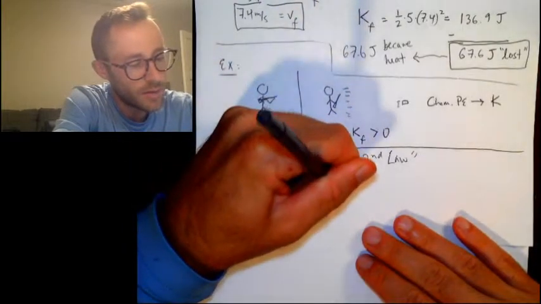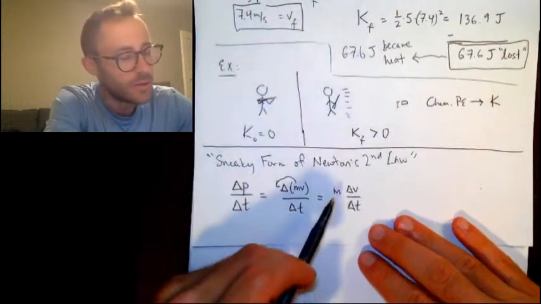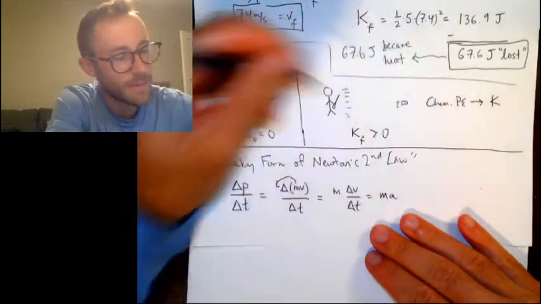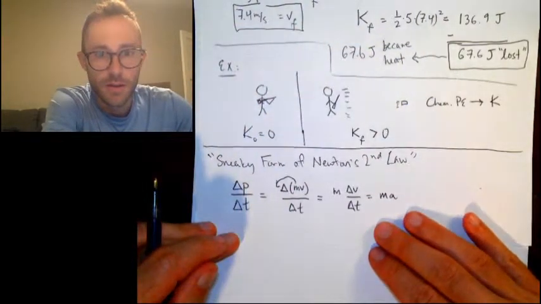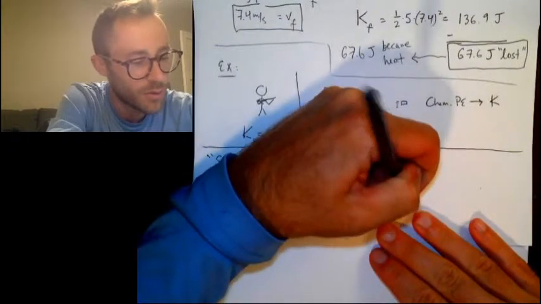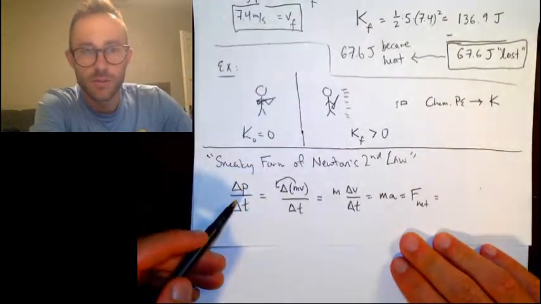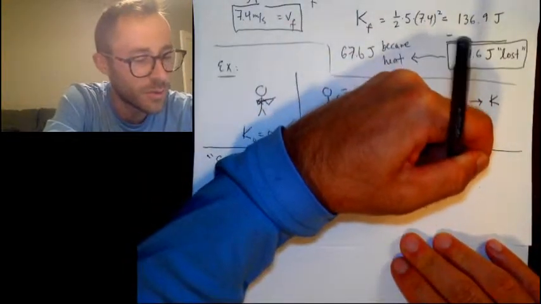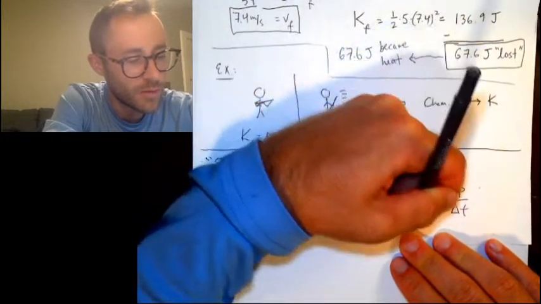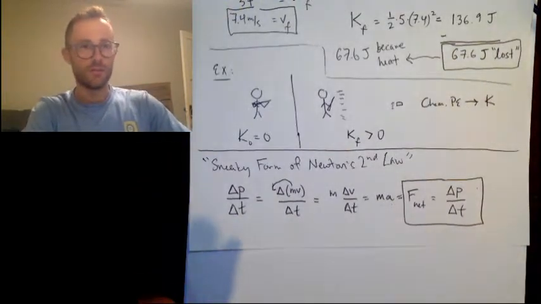So we have m times change in velocity over change in time. Change in velocity over change in time is acceleration. Okay? And mass times acceleration is net force. So the sneaky form of Newton's second law is that the net force is equal to the rate of change of momentum. Okay? That's called the sneaky form of Newton's second law.